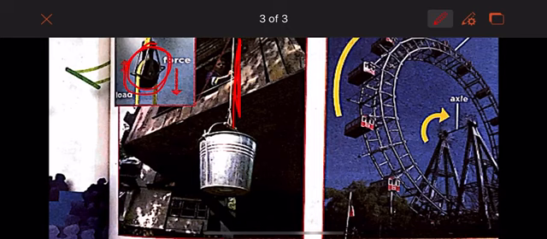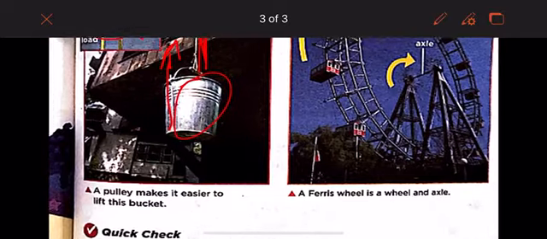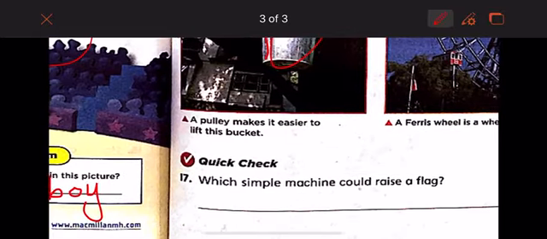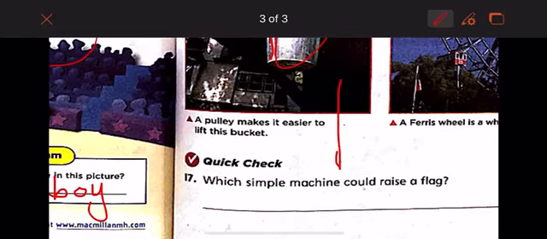You pull down on one end of the rope, then the other end goes up. A pulley makes it easier to lift the bucket.